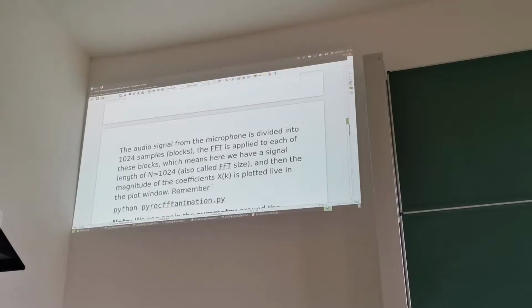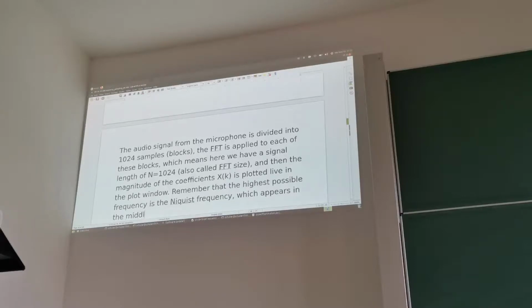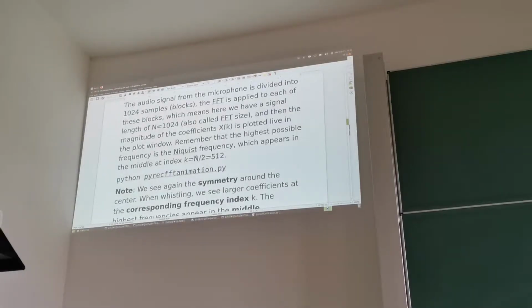And the highest possible frequency is like this, which appears in the middle. And index k equals n over 2 equals 512. Like this.